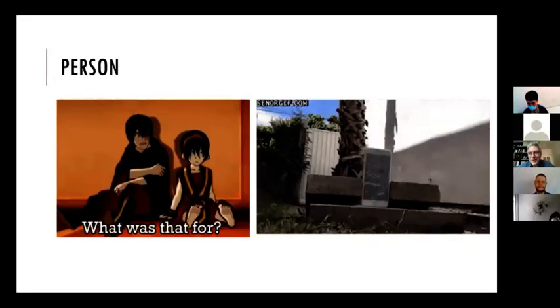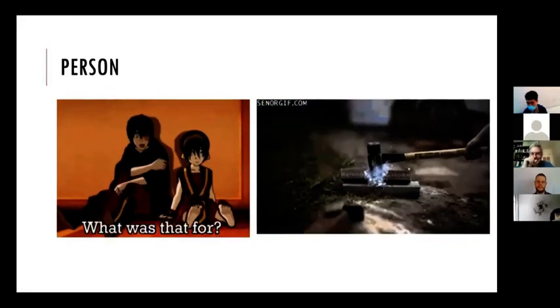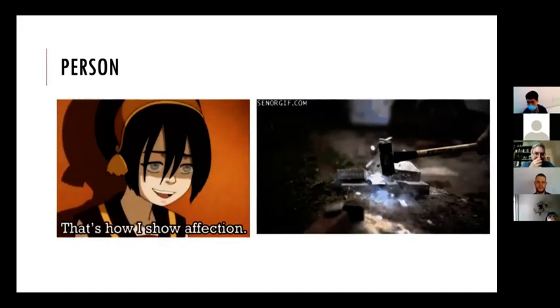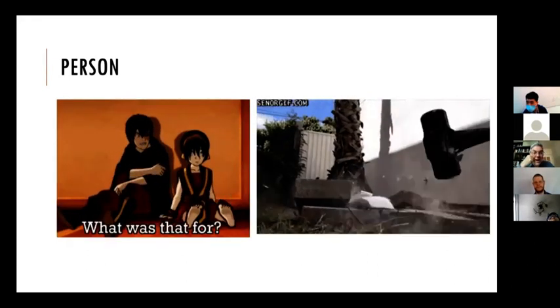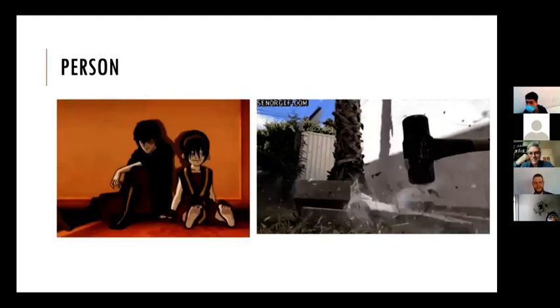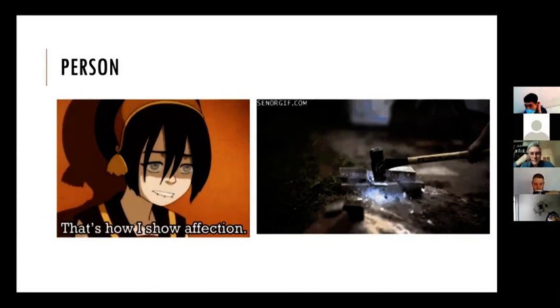Oh, that's interesting. Okay. All right. I wasn't going to take it in that direction, but that's pretty interesting. One is to show affection and one is to say bye. Aha, there's a different purpose. Right. There's a different purpose to the hitting.